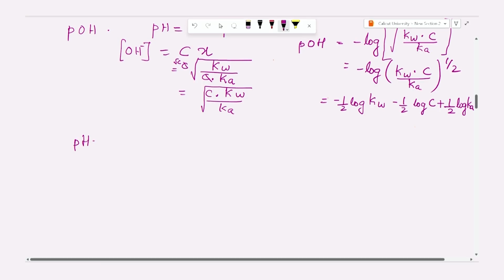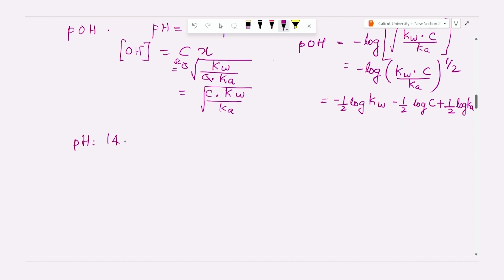Next, we are going to find out the pH, and therefore I have to subtract this value from 14. pH is equal to 14 minus the whole thing in the bracket: minus half log Kw, minus half log C, plus half log Ka.